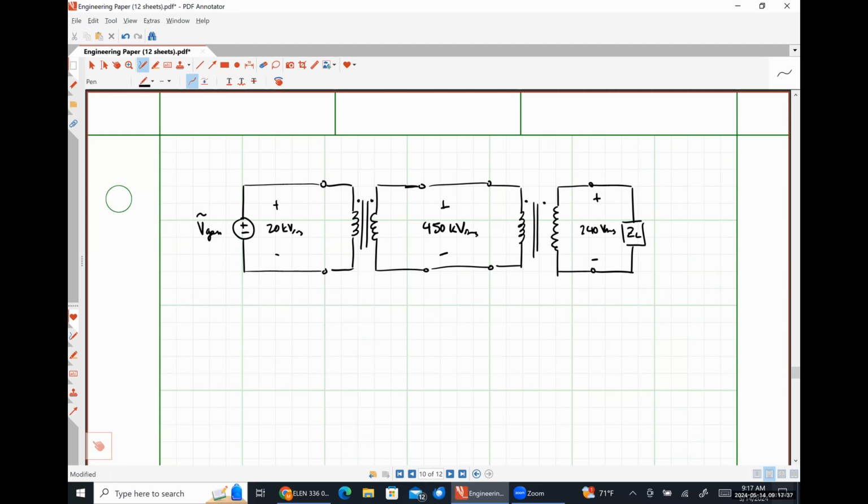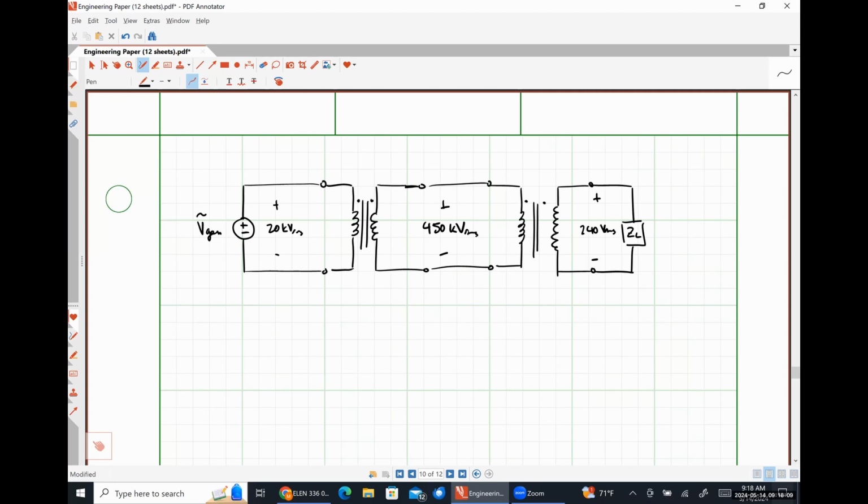What are the losses associated with a transmission line? We've talked about this. They're I squared R losses, which is just the current through the resistance of the line being converted into heat. The higher we make our voltage, the smaller our current is, which means the fewer I squared R losses in our transmission network. So we want to boost it as high as we possibly can and keep it at that high voltage for as long as we can.